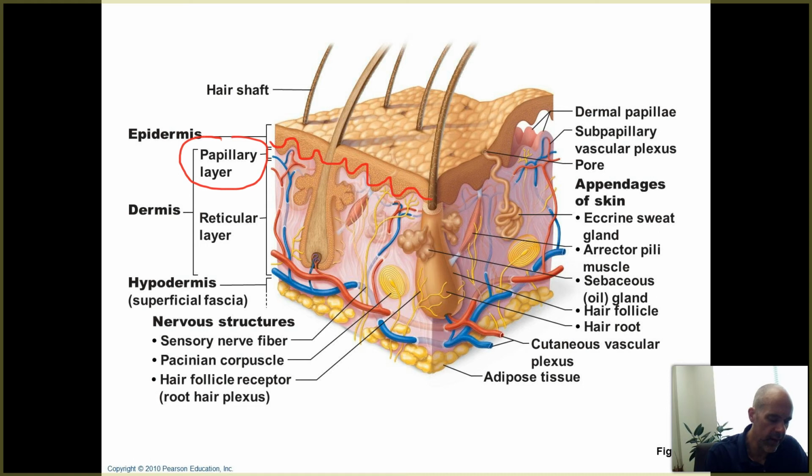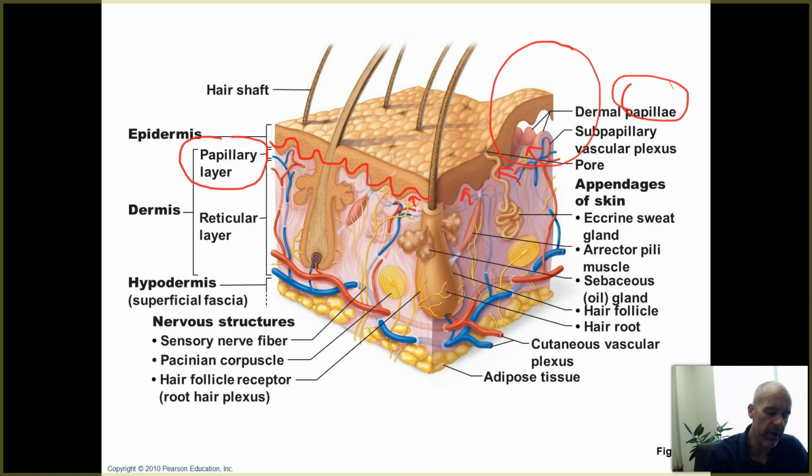So wherever you have portions of the dermis poking upward into the epidermis, that's your papillary sublayer. You can see over here on this diagram, they're actually peeling the epidermis off, so you can see the papillary sublayer of the dermis in 3 dimensions. You can kind of see how you've got a series of hills or bumps there.